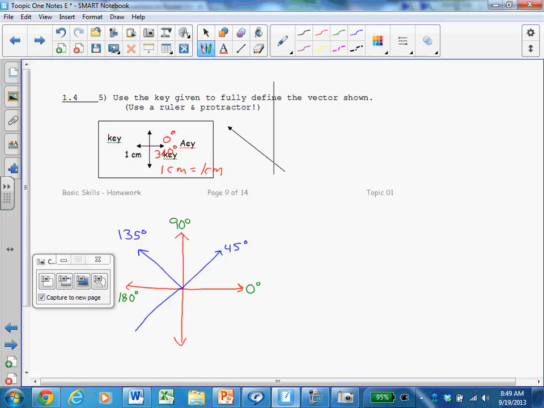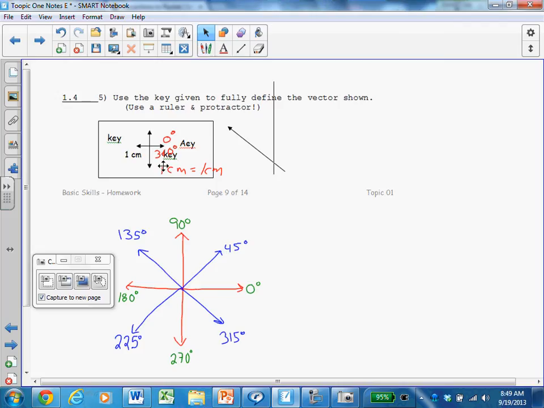Going down like that is 225 degrees, right? This is 270 degrees, and this is 315 degrees, and then all the angles in between too, right?